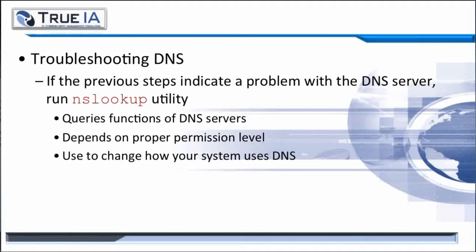If the previous steps indicate that you do have a problem with DNS, the next thing to do is run the NSLookup utility. What this does is it queries the functions of the DNS servers. Now, of course, this requires you to have the proper permission levels because it's used to basically change how your system uses DNS.